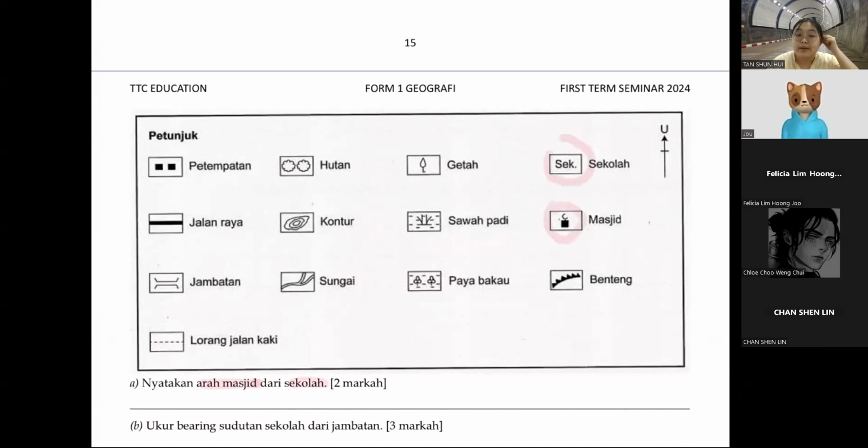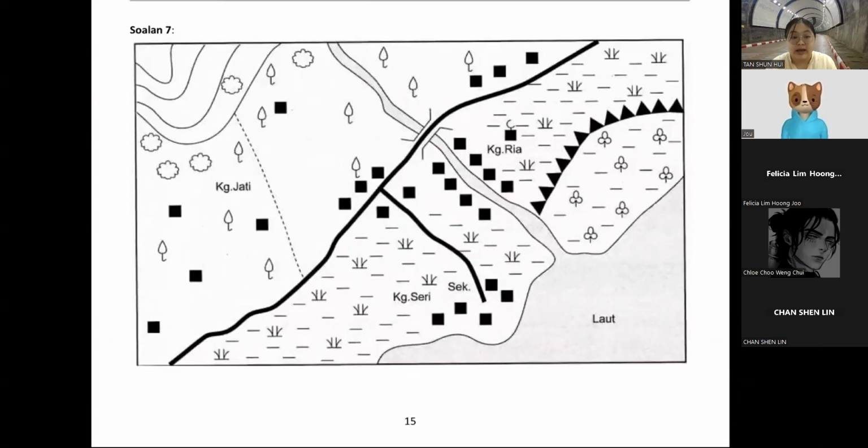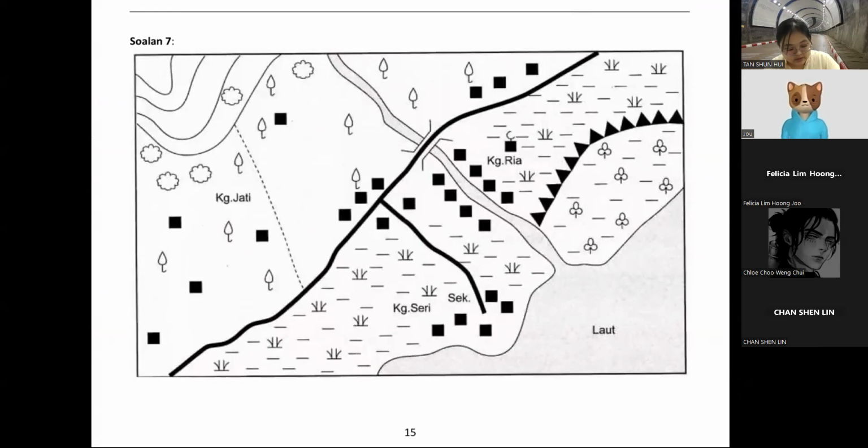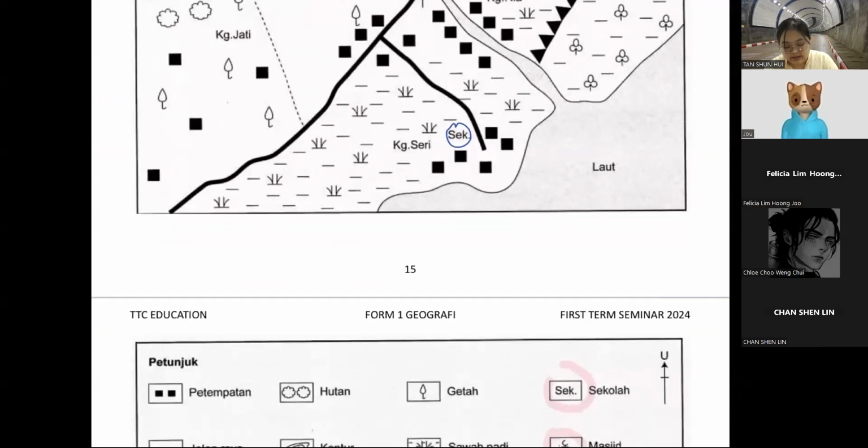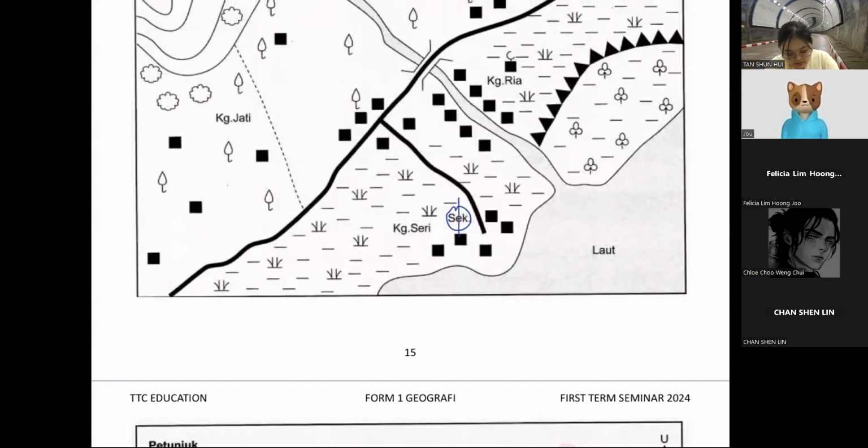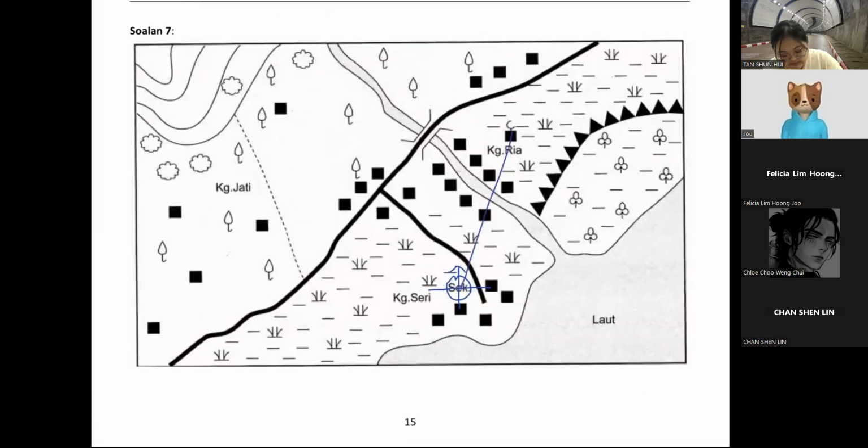So let's go to the map and find masjid and sekolah. Where is sekolah? Here. Right? Arah mata angin. Look at here. They are telling me on top is utara. So you can roughly draw like this. And then where is masjid? Here. Come. What direction is it?